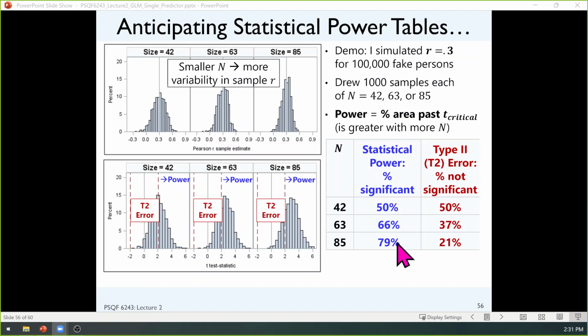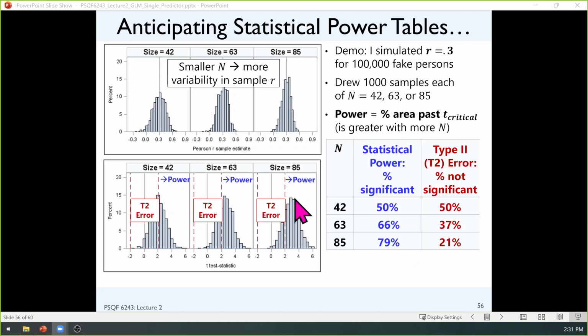Okay, question. The red significance bars, are they at 5% alpha or 20% like beta? The red significance bars are at alpha. So a cutoff t of 2-ish corresponds to a 5% rejection region for where unexpected is. Does that help?